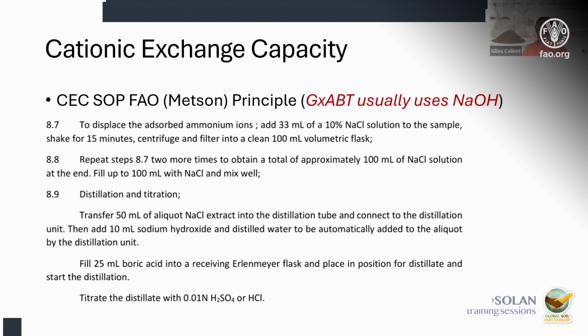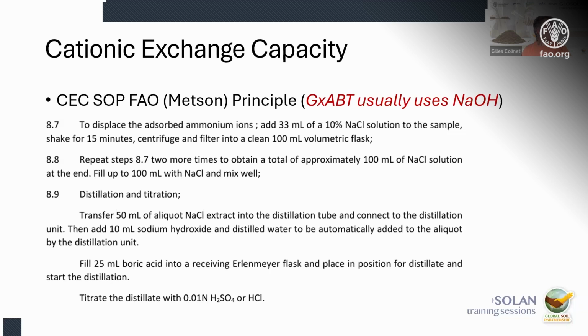In the procedure, the desorption is made with NaCl solution, and you do just the same. You put the NaCl, you shake, you centrifuge, and you repeat it. And at the end, you have 100 milliliters of NaCl that you will use for the distillation and titration.